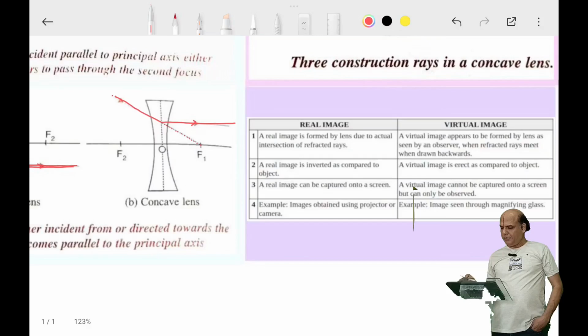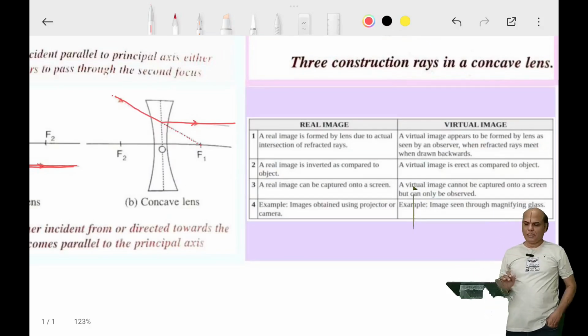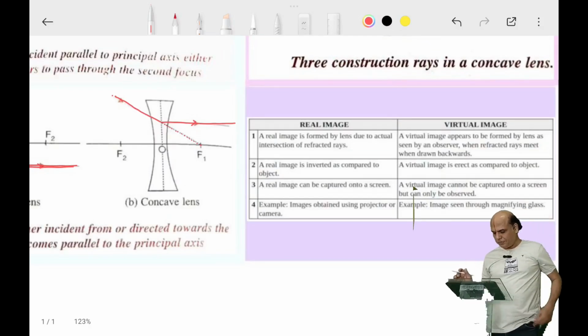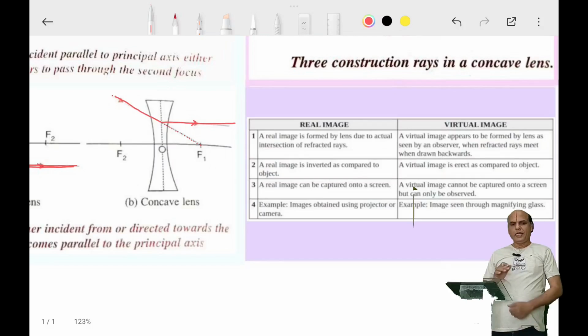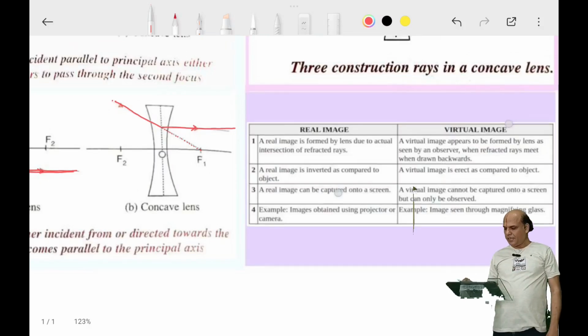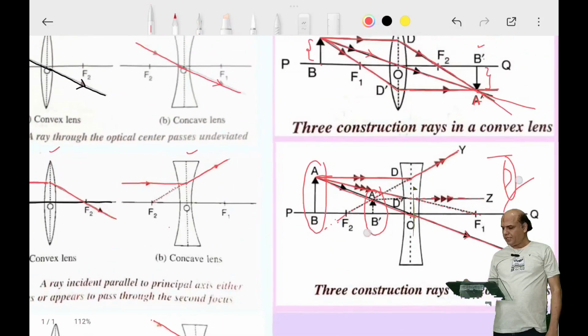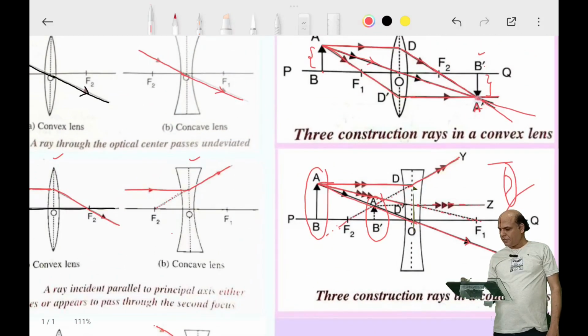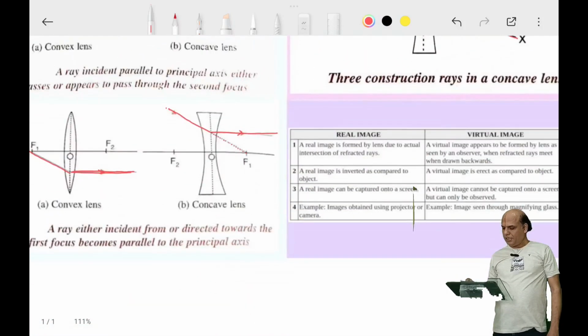So by this time you have an idea of a real image and a virtual image. A real image is formed in case of a convex lens when there is actual intersection of refracted rays happening. So the refracted rays are actually intersecting at a point. That's why the image formed is real.